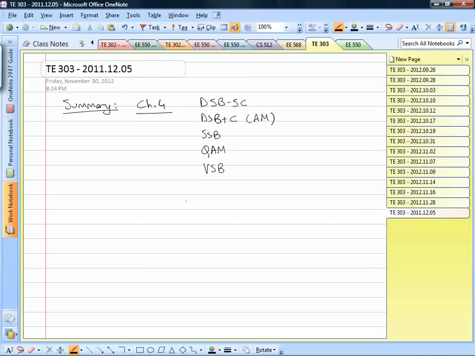And these are different amplitude modulation techniques. Each one has different advantages and disadvantages in terms of power efficiency, and so I'm going to give you a homework.